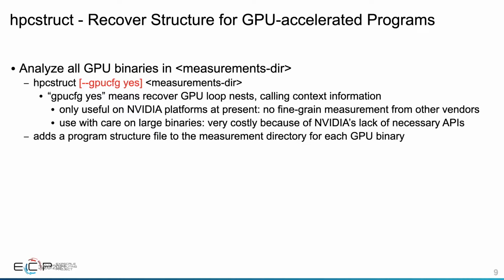This can be very costly for large programs. If you have a program that has hundreds of megabytes of GPU binaries, if you say --gpucfg yes, it may run for an undetermined amount of time. So you may find it better to not analyze the GPU CFGs and just get the line level information, which can be obtained rather quickly.